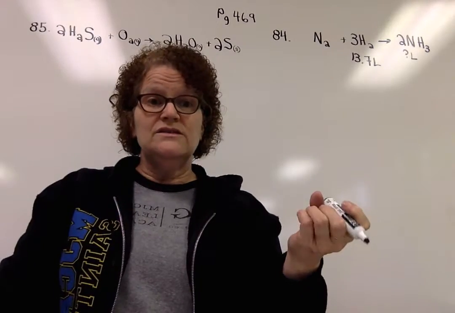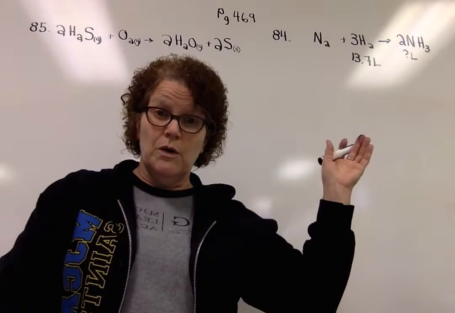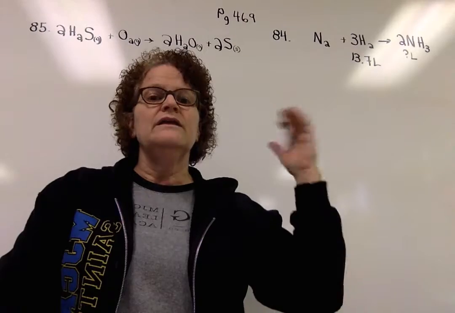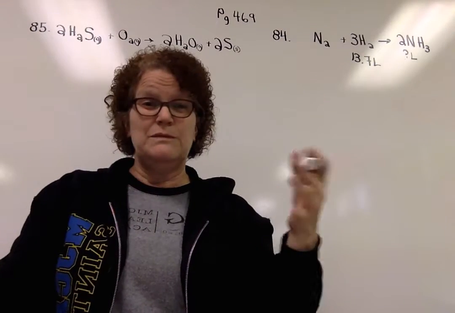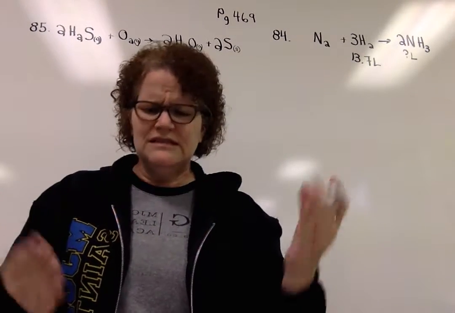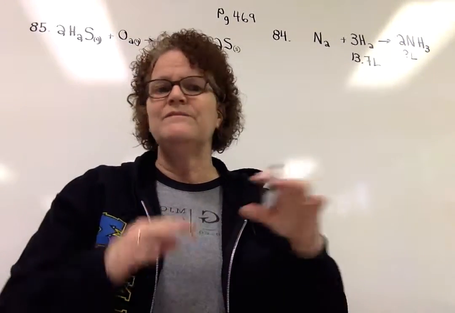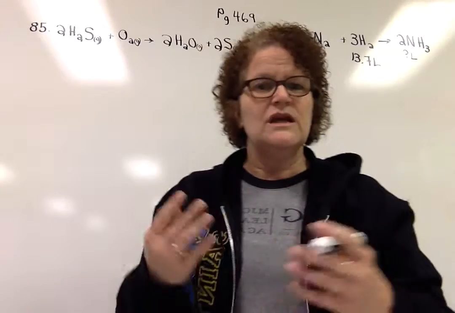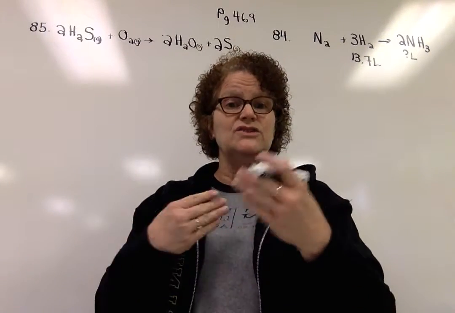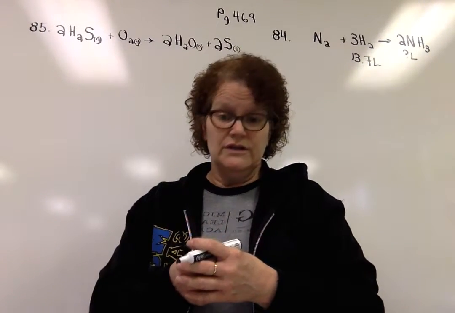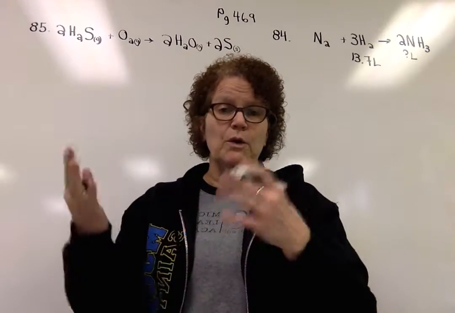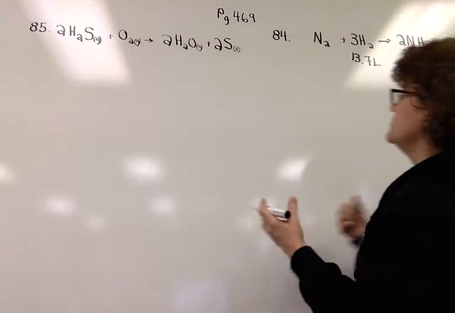And if we were needing to know the number of moles of hydrogen, then we would need to use that, and it would be the ideal gas law. But because this is just asking us for the liters of ammonia, that information is not going to be used because we can just use the mole ratio from the balanced equation, right?